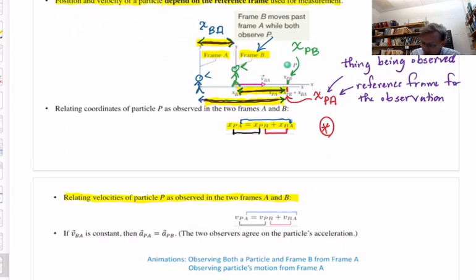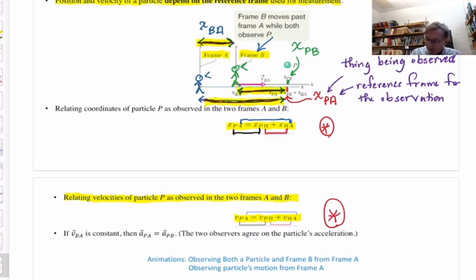So I'm going to put another star here, because this equation is just as important as the first one. And it's relating velocities. The velocity of our particle, as observed in frame A, is equal to the velocity of the particle as observed in B, plus the velocity of B as observed from A. And that's how you can relate velocities of a particle observed from two different frames.